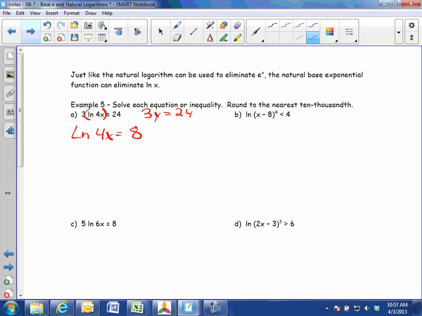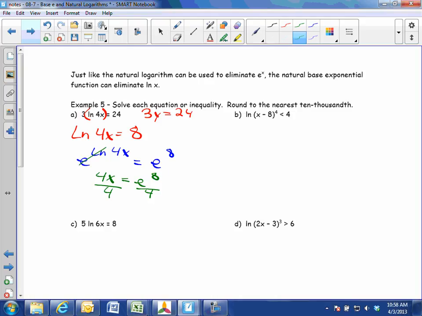So I would write it as e to the natural log 4x equals e to the 8. Over here on the left, e to the natural log again cancel out. So we're left with 4x equals e to the 8. And again, to get x by itself, divide by 4.